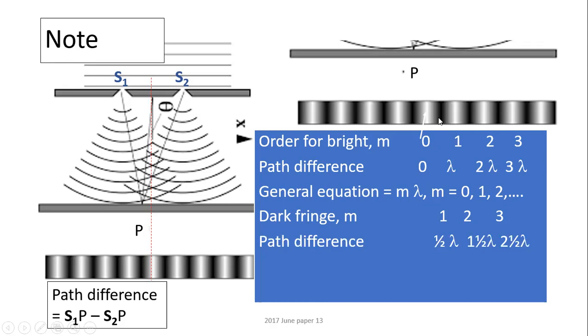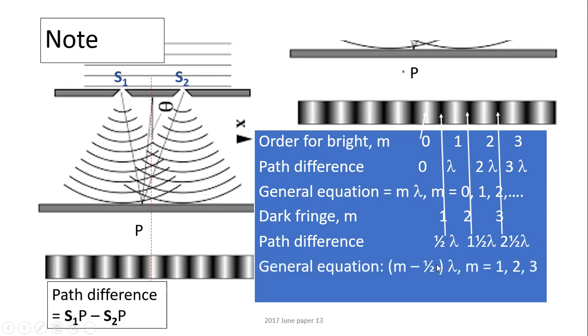Or half here, path difference is half wavelength. This one is 1.5. This one is 2.5. That's all. The general equation is m minus half. Instead of writing all this series up, we can write it as (m minus half) lambda, where m is 1, 2, 3.